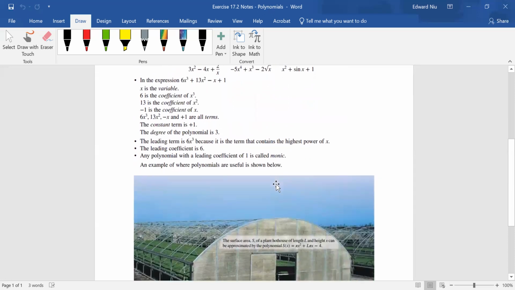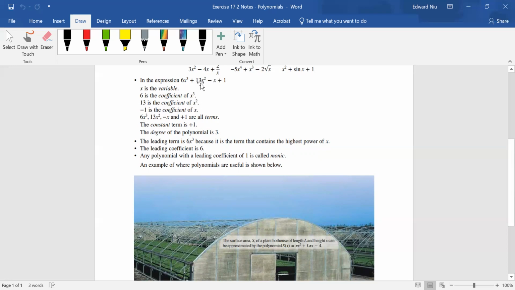Lastly, we've just got some key terms, which I'm sure you've seen before, but again, this is an intro lesson, so that's why we're going to recap everything we've learned up to this point and introduce some new vocabulary. So in the expression 6x cubed plus 13x squared take away x plus 1, we've got x as our variable or pronumeral. 6 is a coefficient of x cubed, 13 is a coefficient of x squared, negative 1 is a coefficient of x, and then we've got positive 1 as our constant, okay, because it doesn't change.